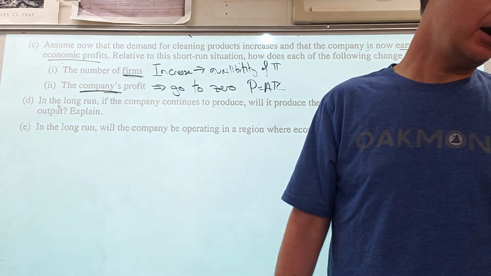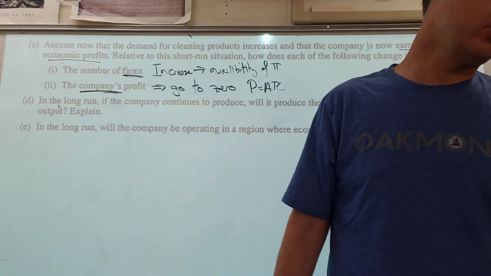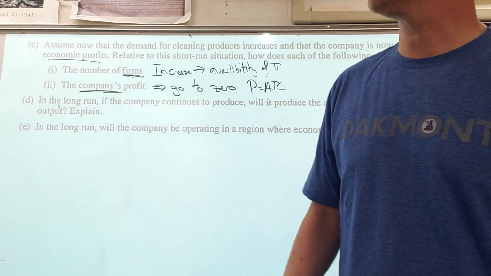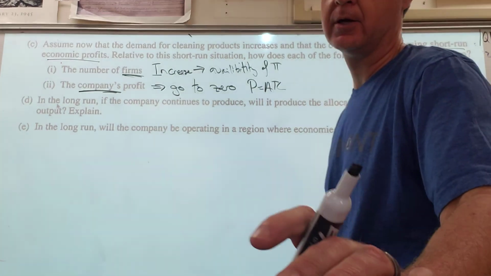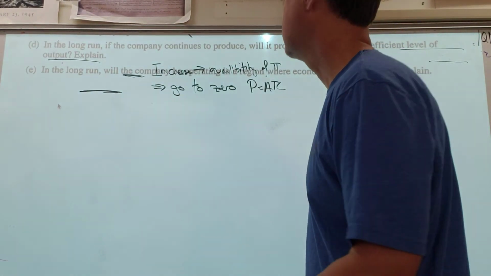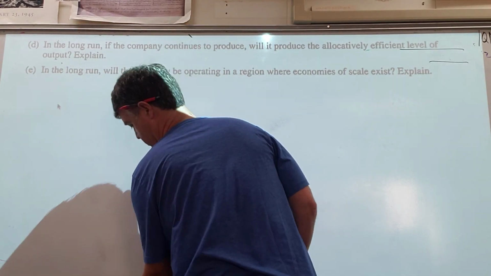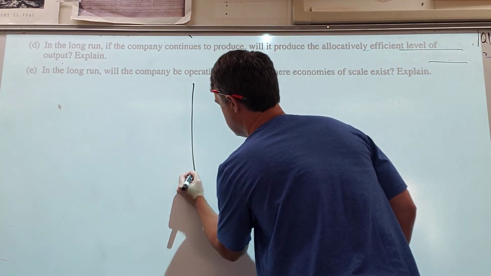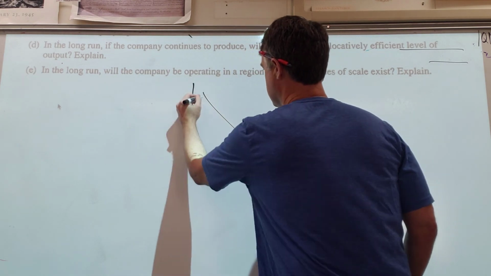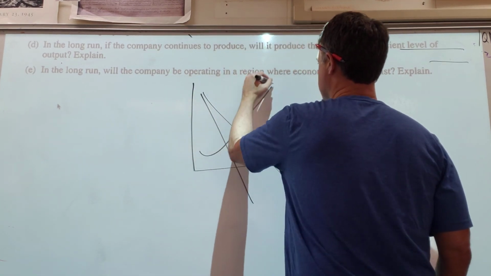In the long run, will the company produce the allocatively efficient level? Well, let's go ahead and graph long run equilibrium. We did it on the last one, but we can graph it really simple here. And again, this isn't a graph that's graded, so I can be pretty quick with it.